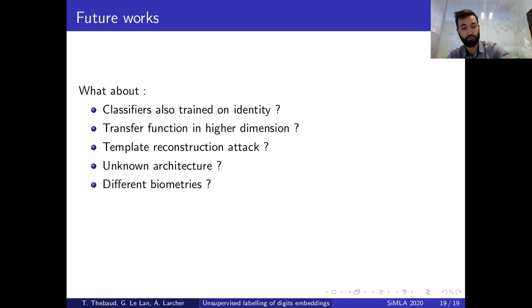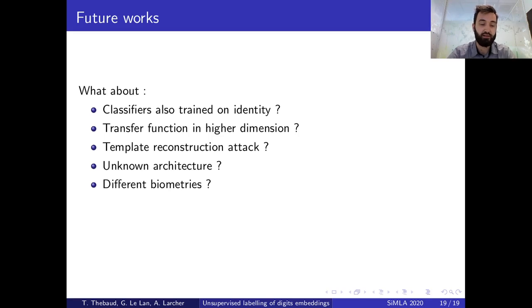For our future works, we have a few questions that are still in our scope of research. Firstly, we only used classifiers trained on detecting the digit values of sequences. What if we used classifiers trained on the identity also? Could we also find a transfer function in a higher dimension, not in a PCA reduced dimension?